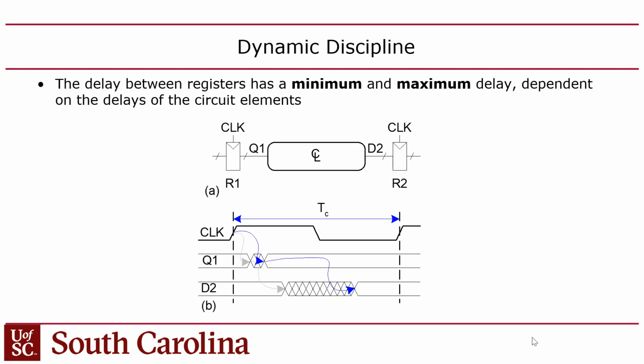So basically, the idea is that if you have a register outputting to some logic, and then the output of the logic goes into another register, you want to make sure that the propagation delay of the logic is small enough that the data arrives at the second register before the aperture, right?